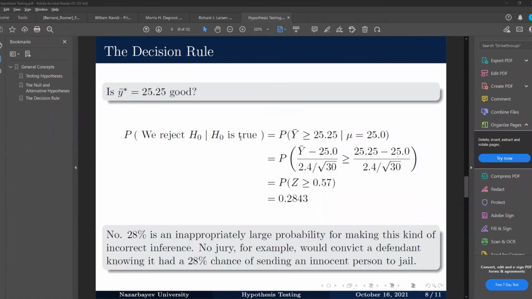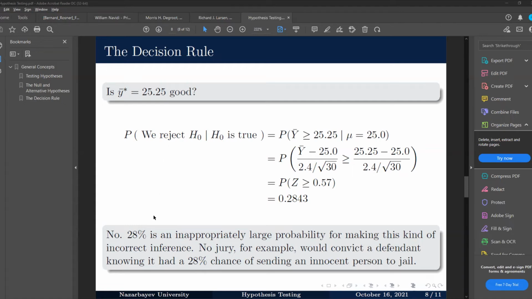Then we'll reject H naught when y bar is greater than 25.25. Normalizing, y bar minus mu divided by standard deviation over root of n, we find this probability as the probability of a standard normal being greater than 0.57, and it is equal to 0.28. So 28%.